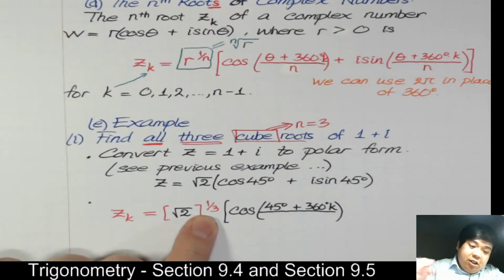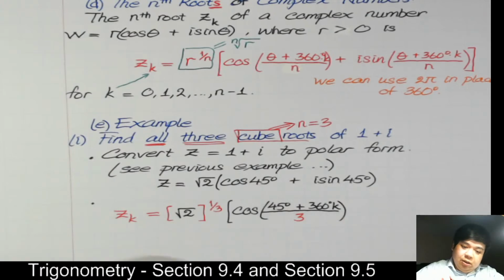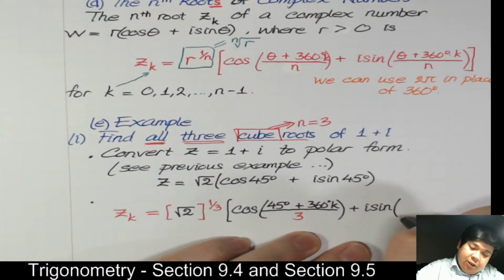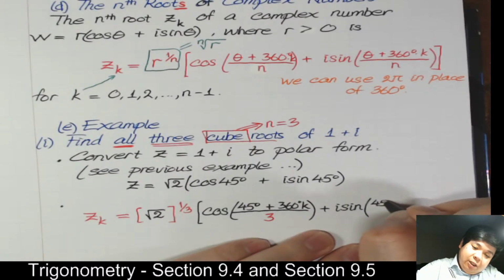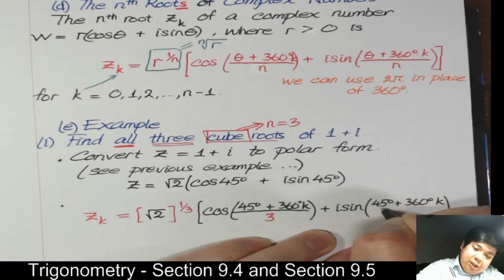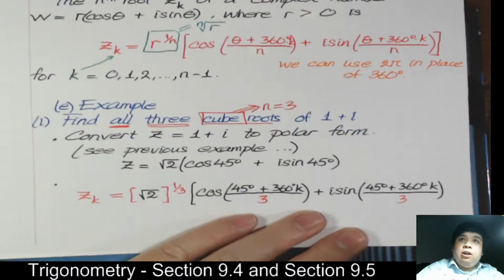Then that number n will be 3, plus i sine 45 degrees plus 360 degrees times k divided by n, which is 3.